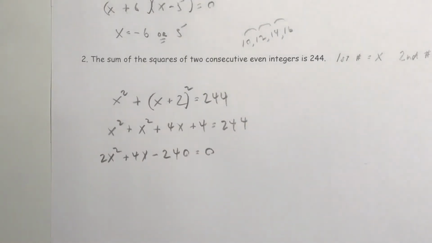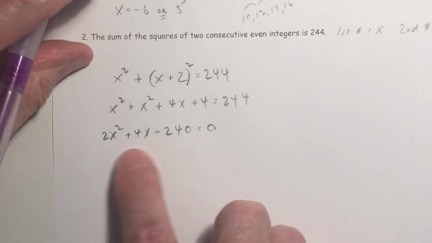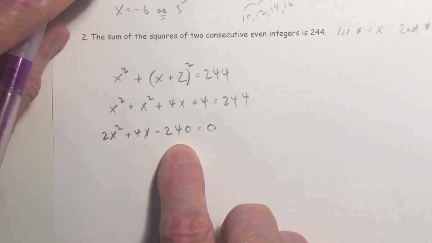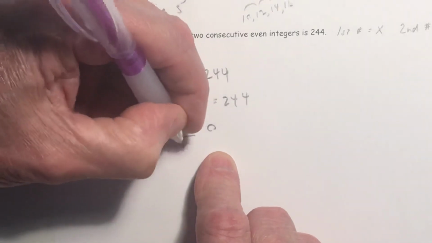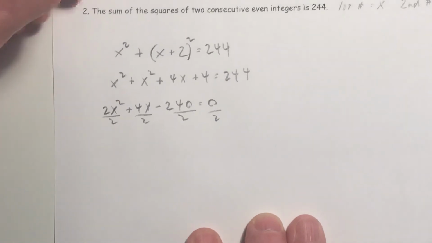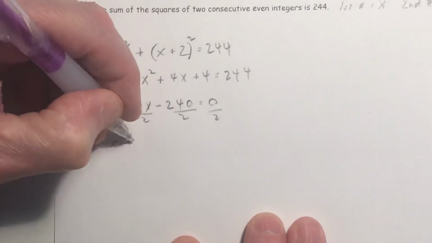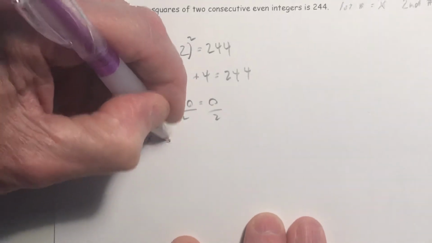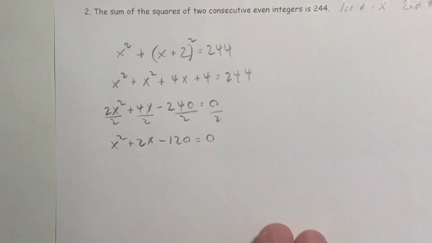Okay? And again, everything's, you've got an even coefficient, even number. Let's just make our work easier by getting all the numbers smaller by dividing everything by 2. We get x squared plus 2x minus 120 equals 0.